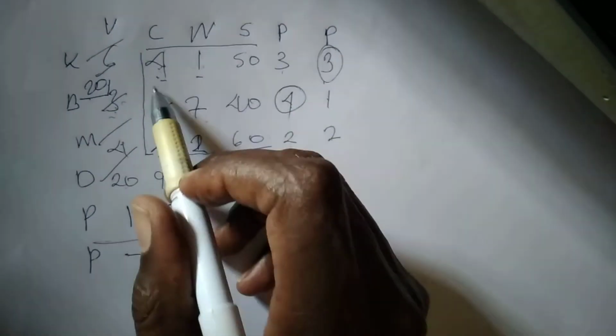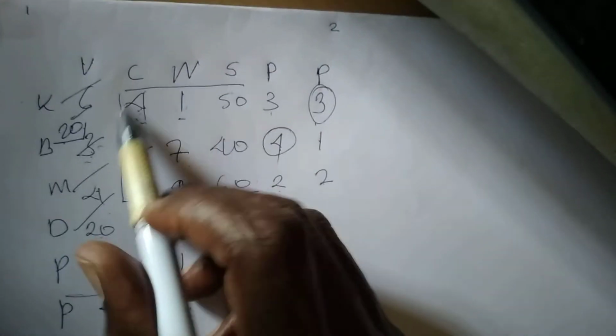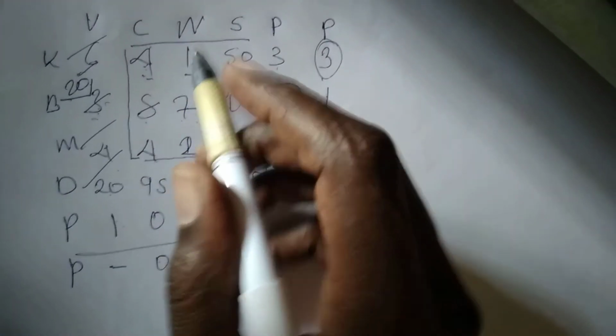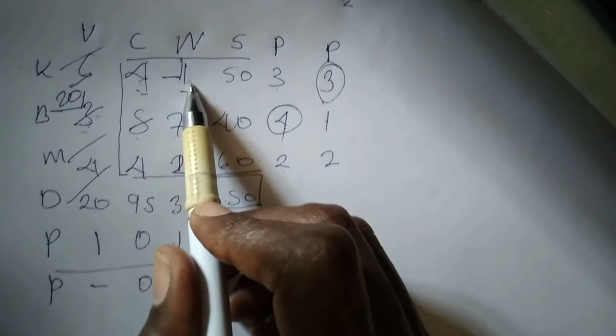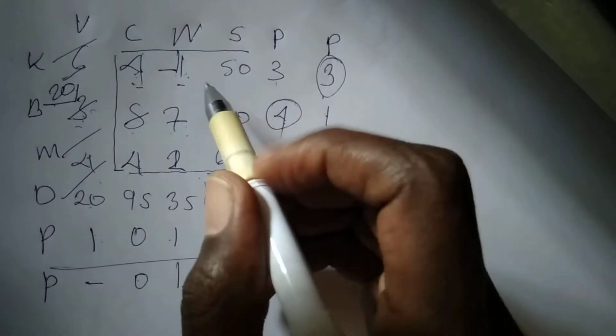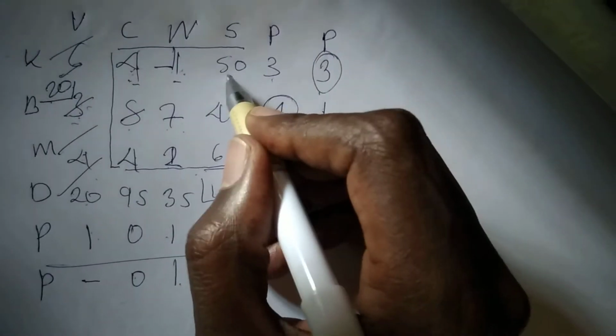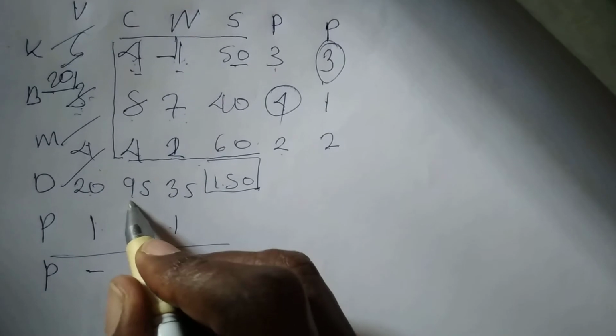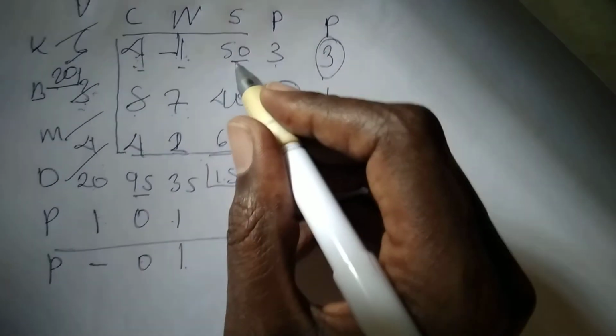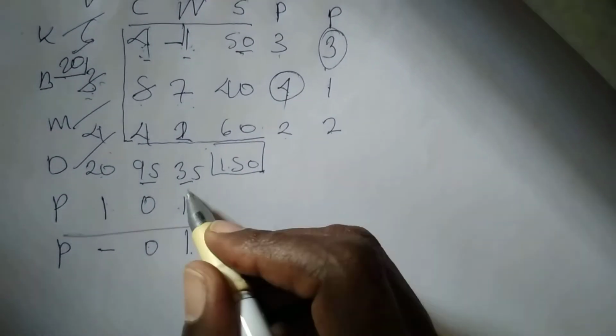Pick the least amount, the least cost in the cells. So our least cost is 1. So being 1, we do our allocation. So meaning it was what is between 50 and 95. No, not 50. 50 and 35. 35 is the least.